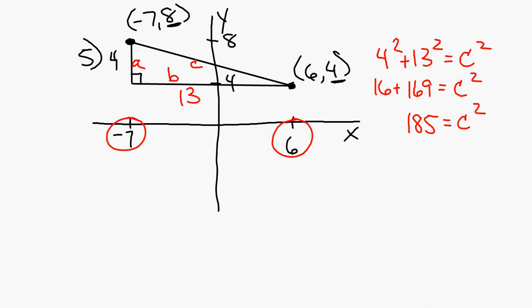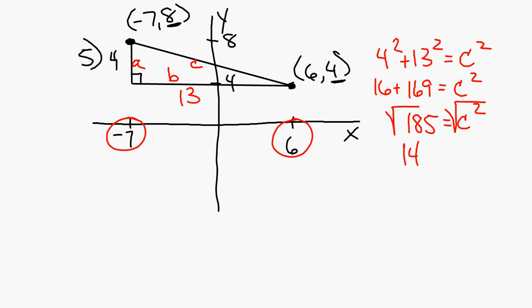If you find the square root of each of those, 13.6 is the decimal that you get, but it says what is the distance to the nearest unit? 13.6 becomes 14.